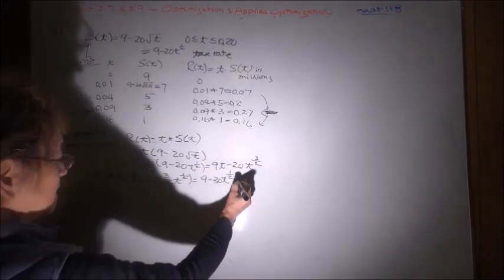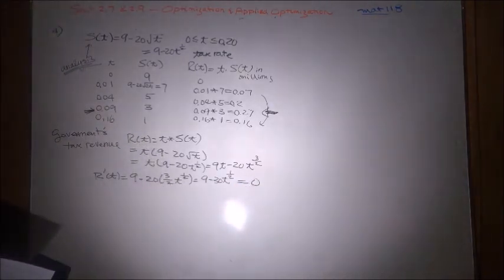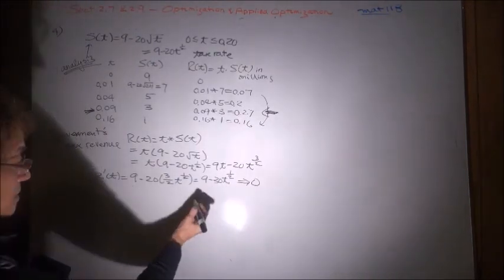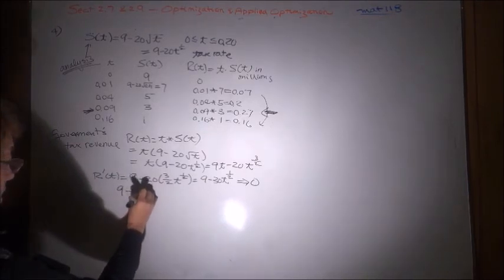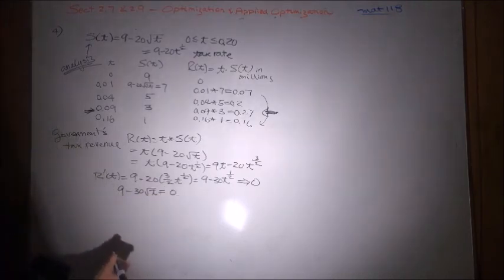So we make this equal to 0. Then what do we have? 9 minus 30 square root of T equals 0, right?